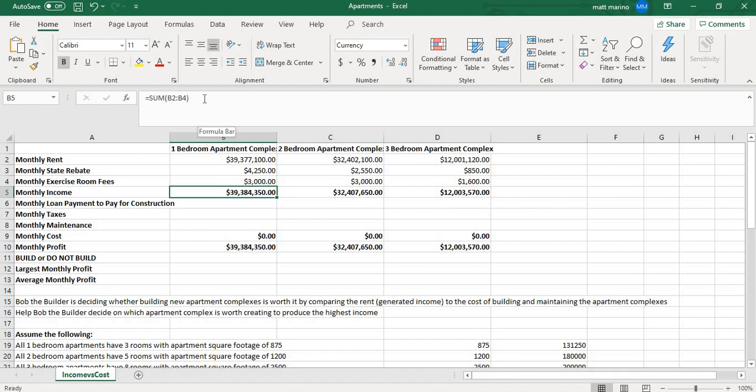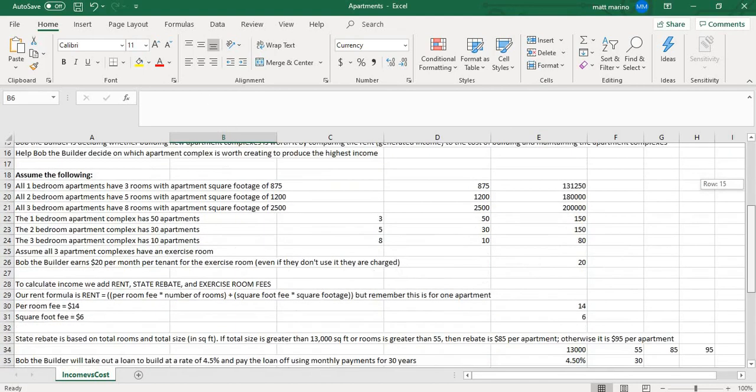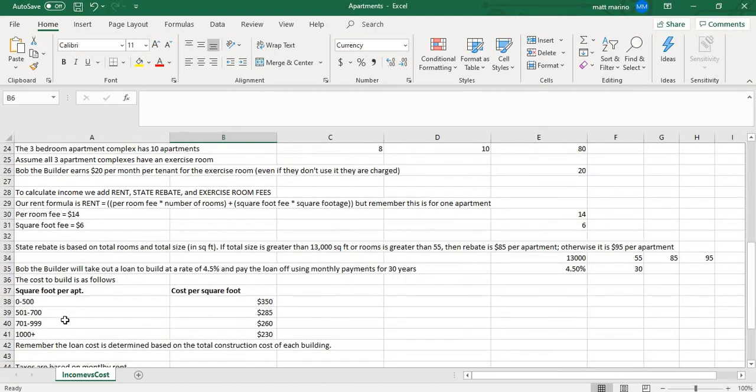You'll notice we've now calculated our monthly income for what Bob will receive once this building is created. It adds together our rent, our state rebate, and our exercise room fees. But now we need to find what our cost is going to be. So our monthly loan payment to pay for construction is provided within our table here.